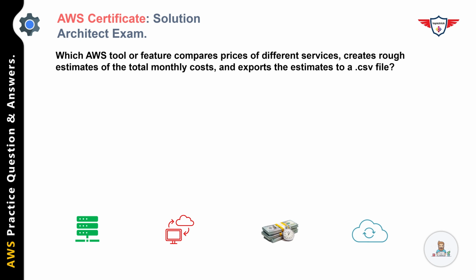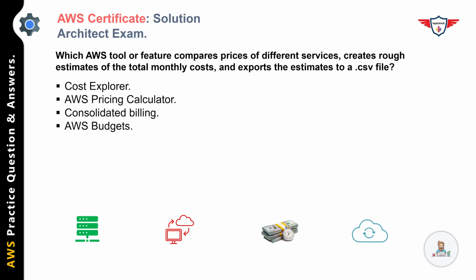Which AWS tool or feature compares prices of different services, creates a rough estimate of the total monthly cost and exports the estimate to a .csv file? And your options are Cost Explorer, AWS Pricing Calculator, Consolidated Billing, AWS Budgets.